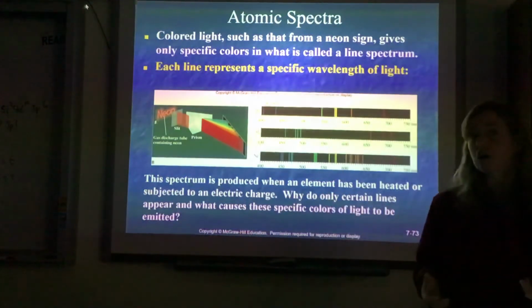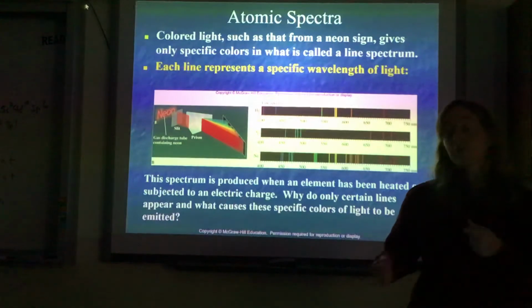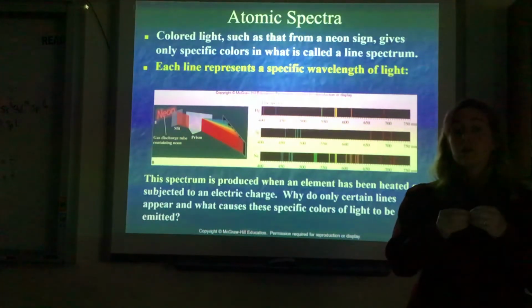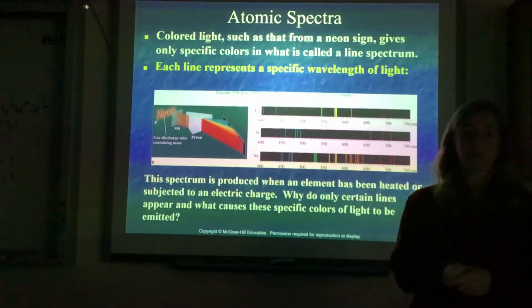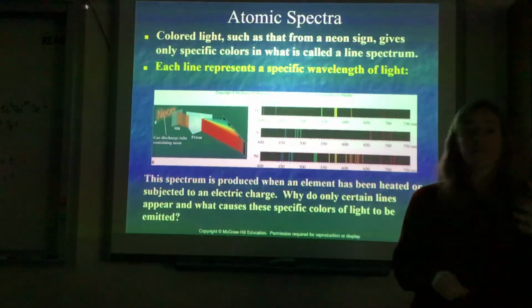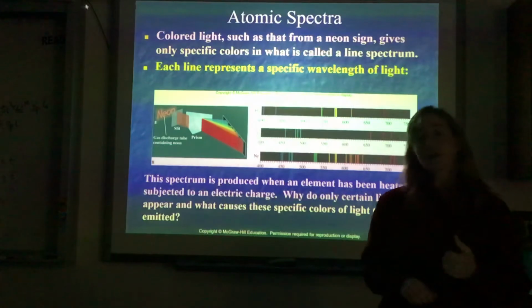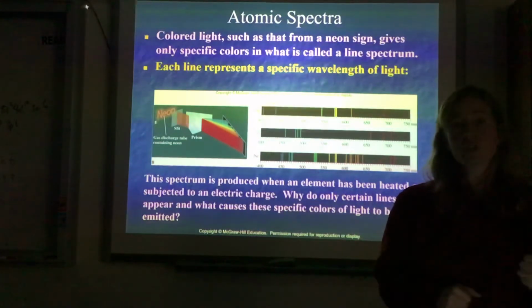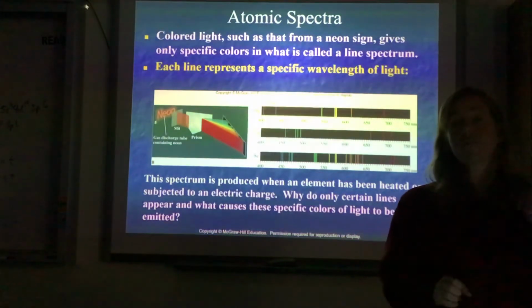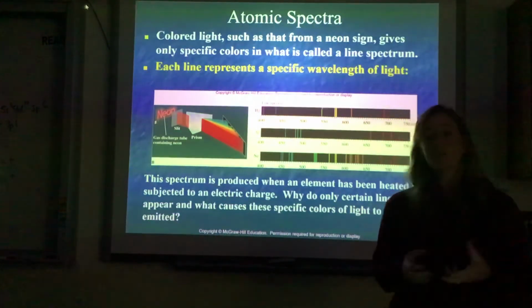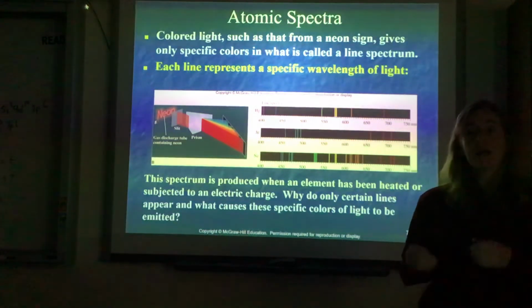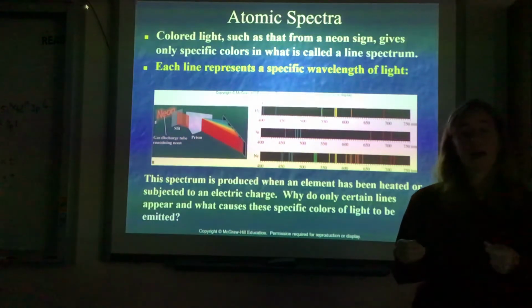Because we just talked about how different colors of light have different lengths of their wave, or different energies associated with the wave. So if you have a violet color, that violet color is going to have more energy and a shorter wavelength. So it's going to have to jump higher in energy levels, and it's going to emit that purple color. But red and orange will not.